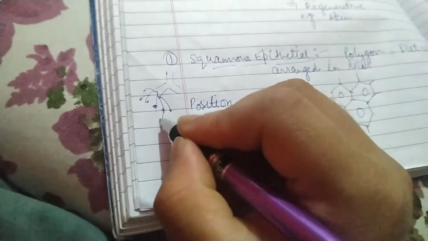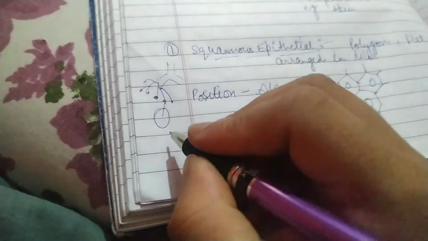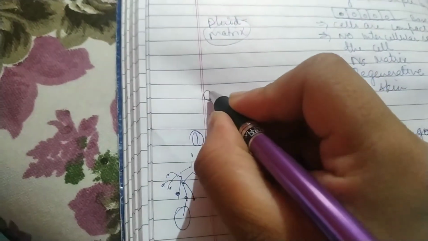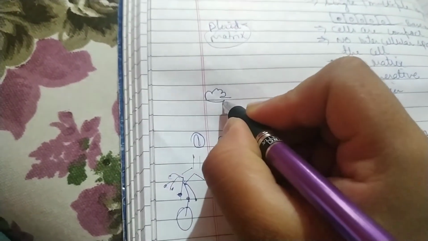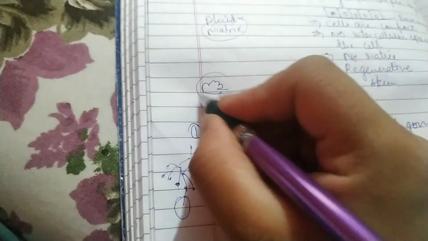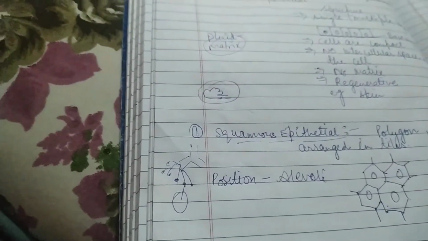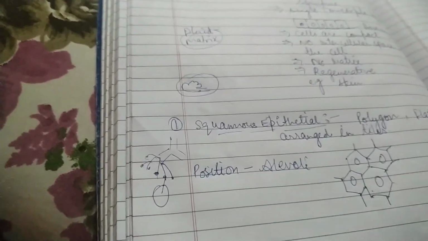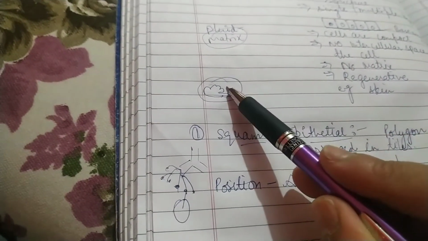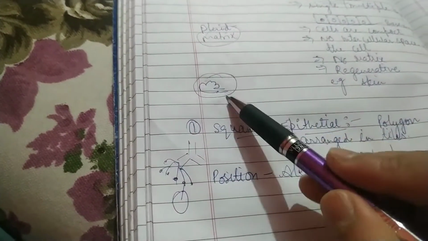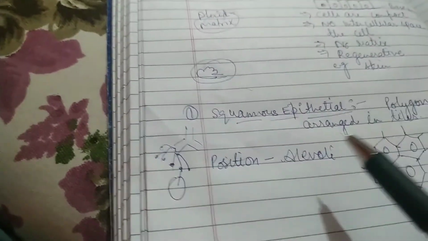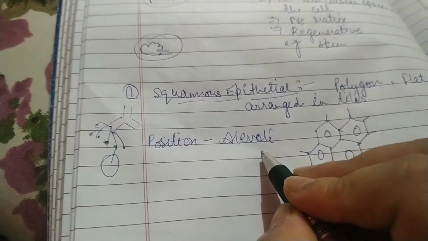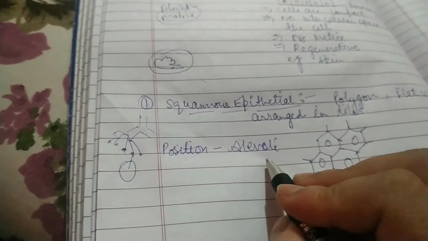These are balloon-like structures, having lots of blood vessels, and they help in taking in oxygen and releasing carbon dioxide in the lungs. So squamous epithelium is found in the alveoli, which are present in the lungs.